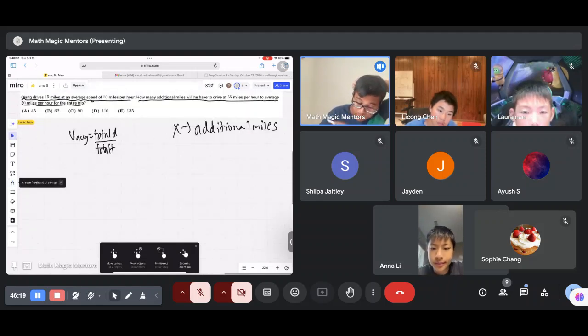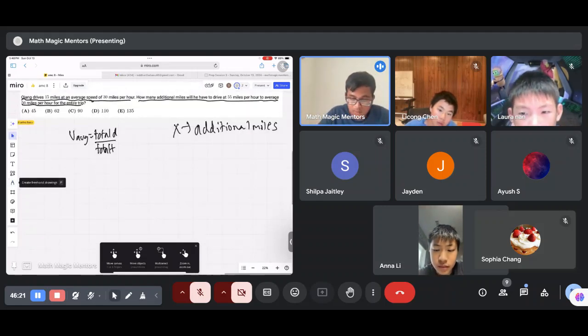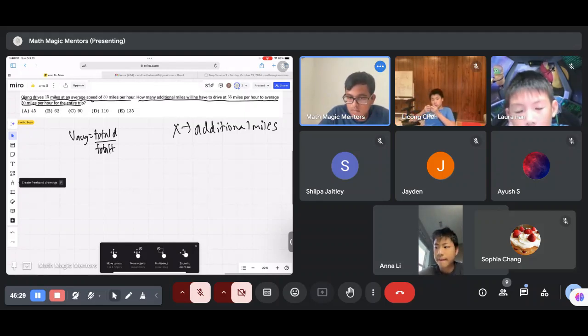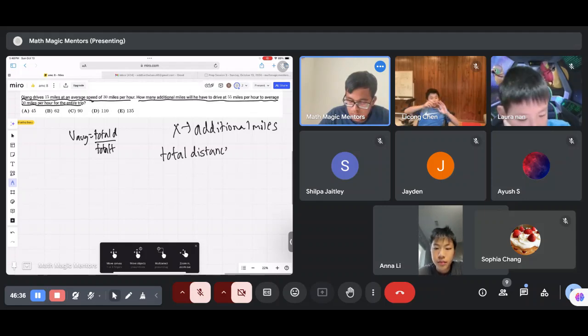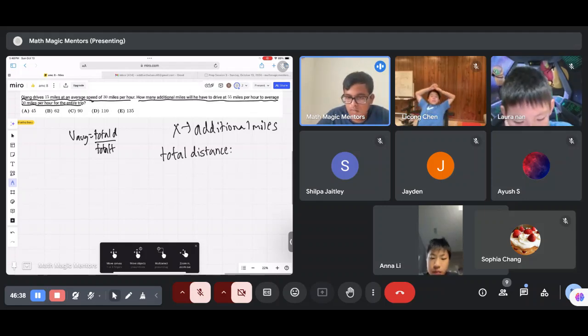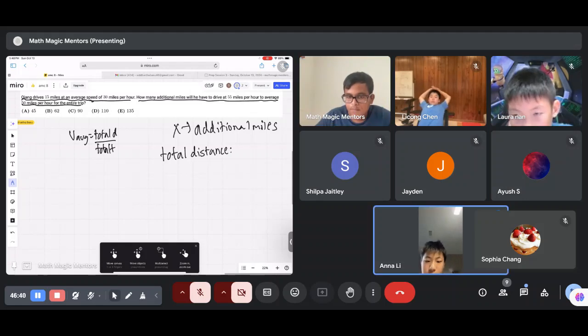So we want to find the total distance and the total time, right? We can say that the additional amount of miles that we need is x. So the additional distance is x, and it says that he already drove 15 miles at an average speed of 30 miles per hour. So he already drove 15 miles and he needs to go x more. What's the total distance? x plus 15.